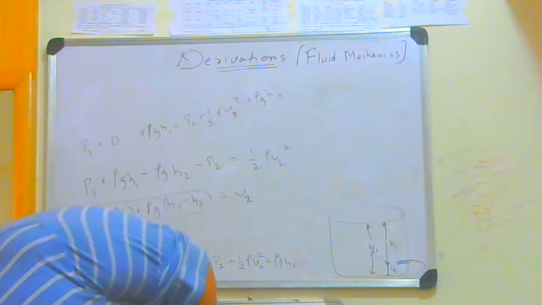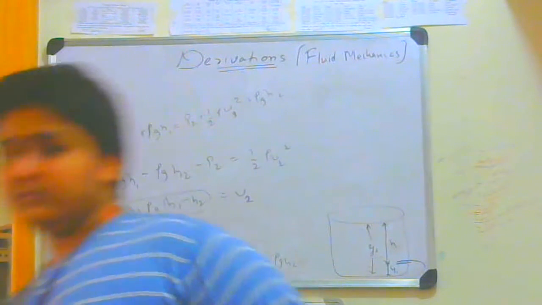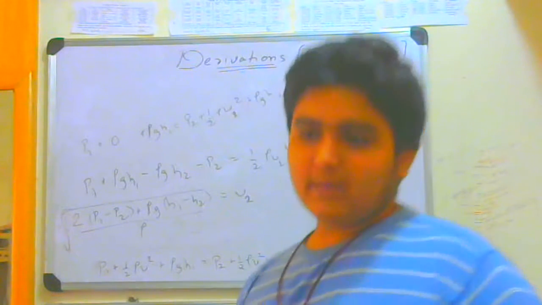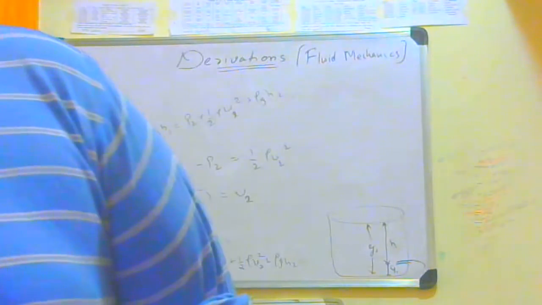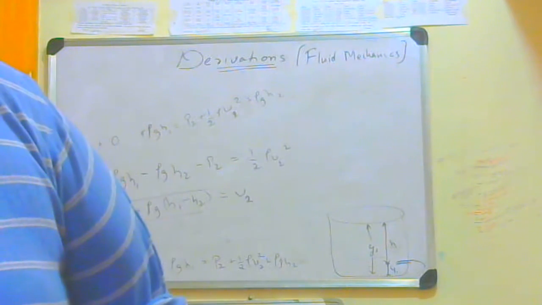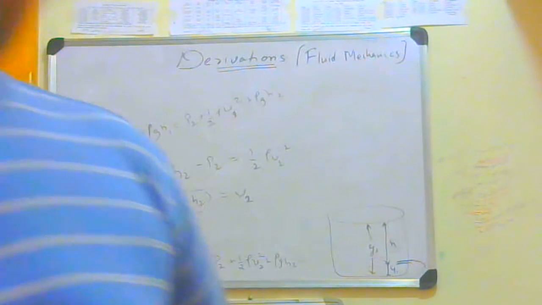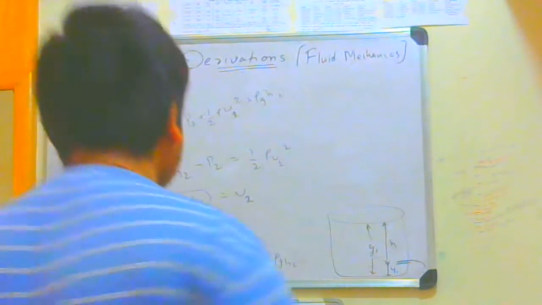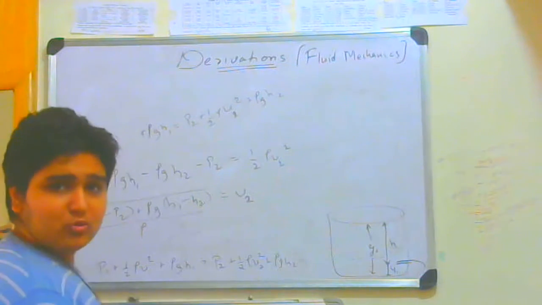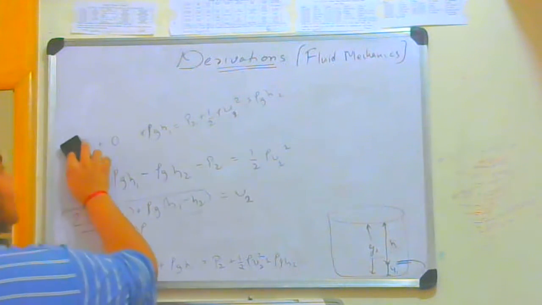The next formula given to you is the Venturi meter. Its derivation is also quite easy. Not finding my pen, okay. Is the board visible? Because this pen is empty, I cannot find a new pen.